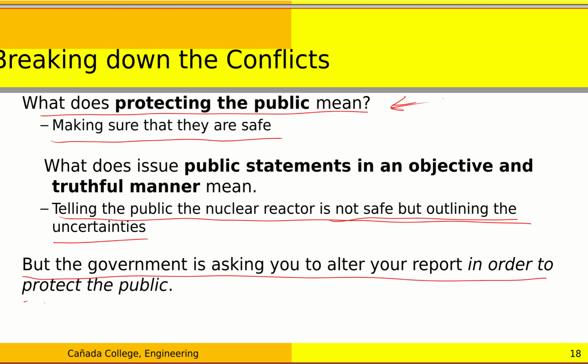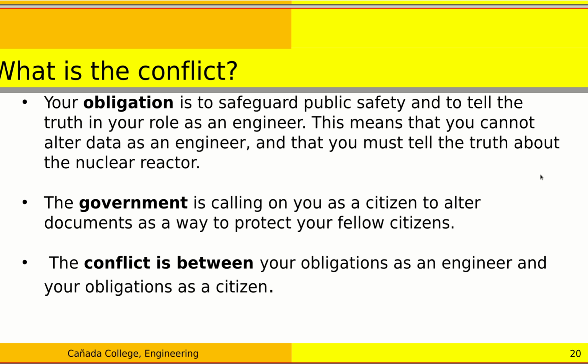So remember, all this is in the context that the government is trying to make you alter your report so as to protect the public. So in their viewpoint, they're better protecting the public by making you change your report, and that has led to these two conflicts, right? So when you break it down, you as an engineer are obligated to safeguard public safety and to tell the truth in your job, right?